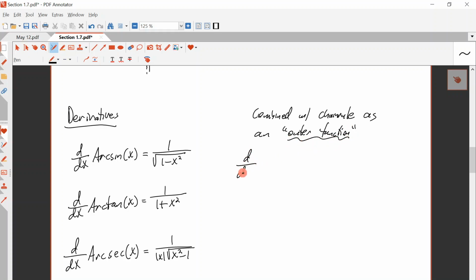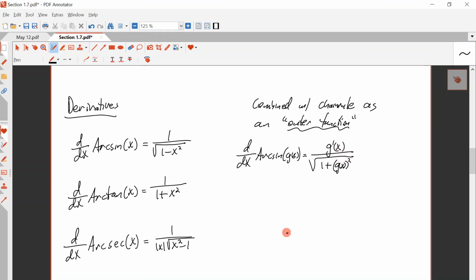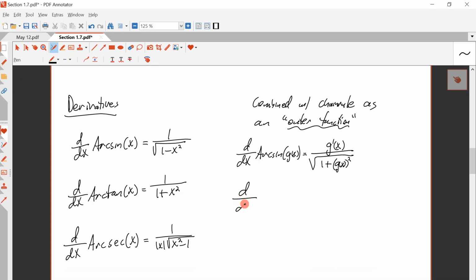So the derivative with respect to x of arcsine g is going to be this with x replaced by g, times g prime. This one, similar.